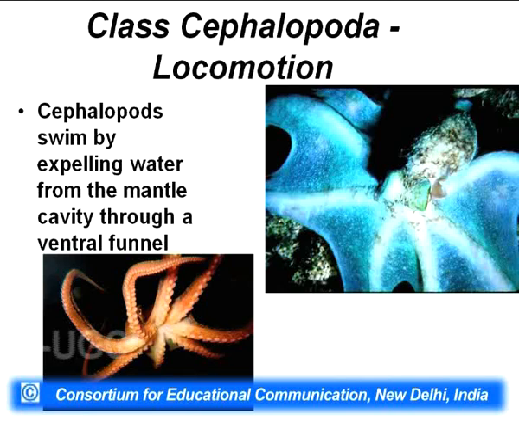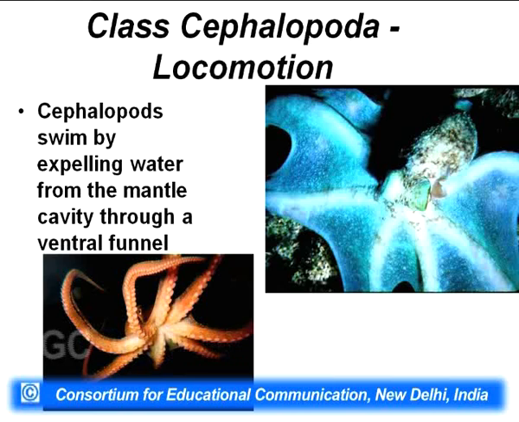If they have to hide themselves, or if they have to create an illusion for their predator or their prey, they give out a dark colored fluid called ink, and the ink is given out from the funnel so that the surrounding area becomes dark. The animal is not able to see them, and under that dark curtain, they just move away from that place.